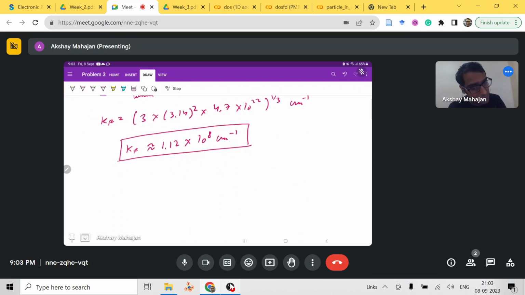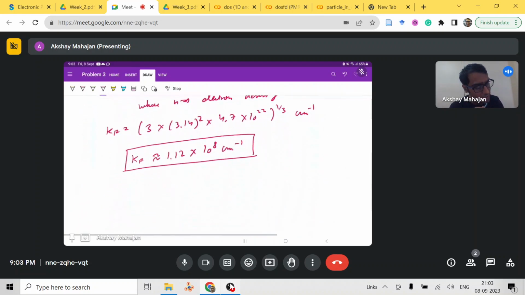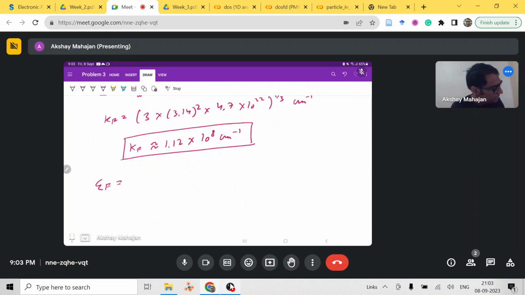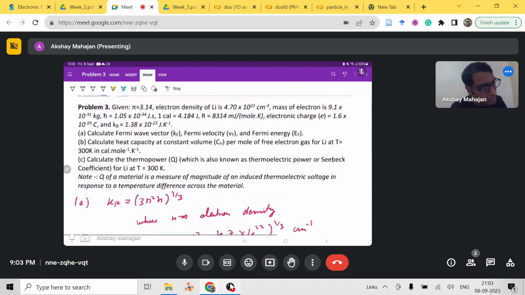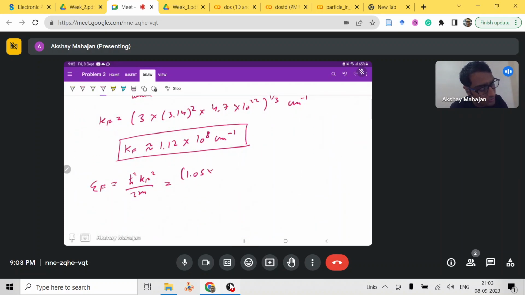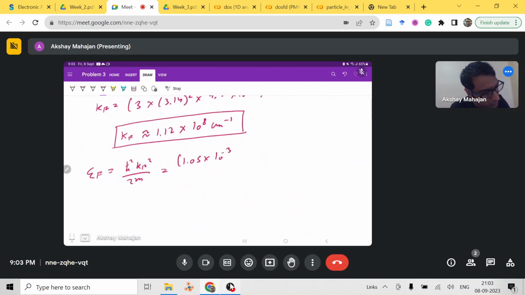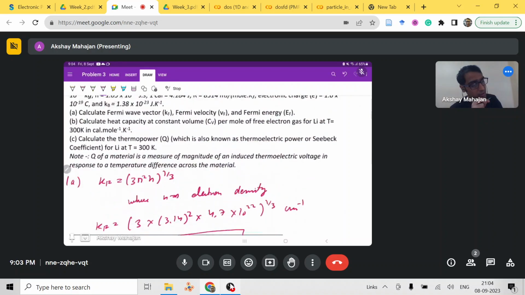Then next we have to find the Fermi velocity and the Fermi energy. But first I will calculate the Fermi energy. Fermi energy here is h bar square kF square by 2m, where m is the mass of the electron. Again we just have to put in the values of all of them.